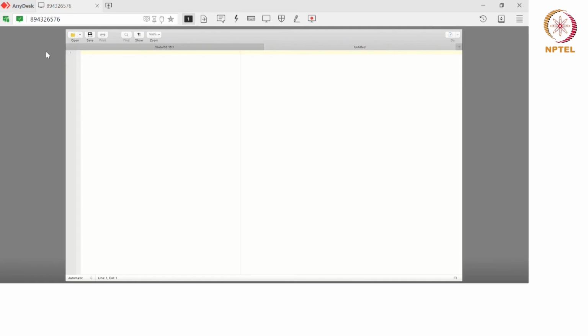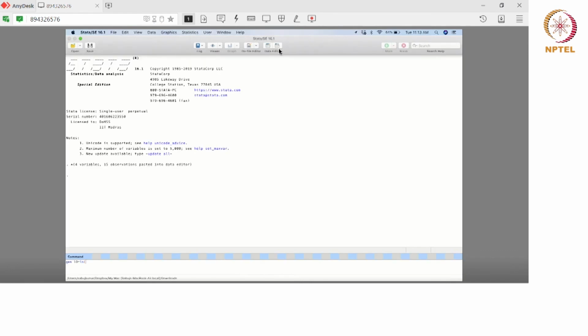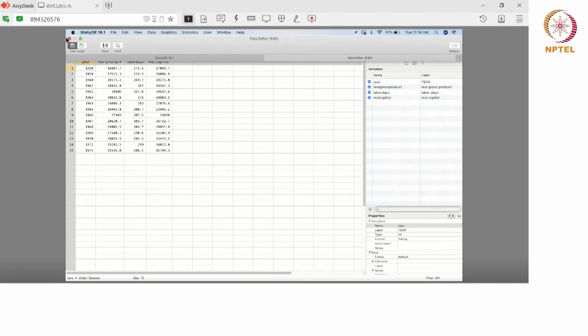Go to the data editor and look at how I have defined real gross output. When you convert a variable into log form, you put this variable name inside the log function, then it will work.